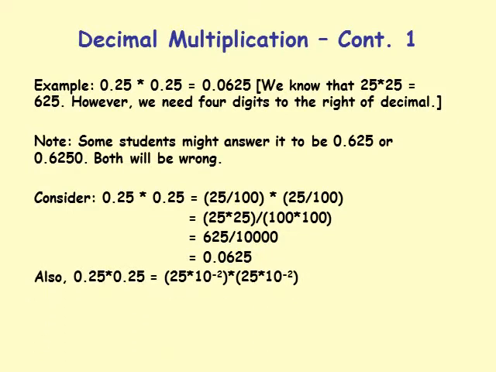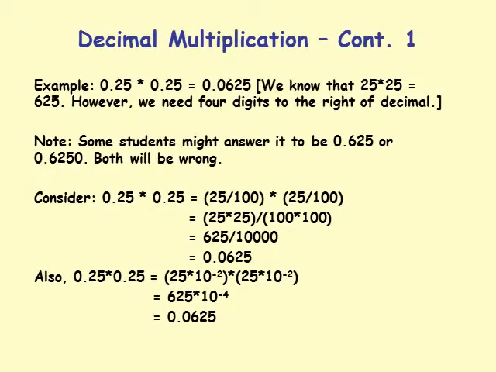Also we can say 0.25 times 0.25 is a coefficient and exponent. We multiply the coefficients 25 times 25, 625. Add the exponent values, -2 and -2, which is -4.